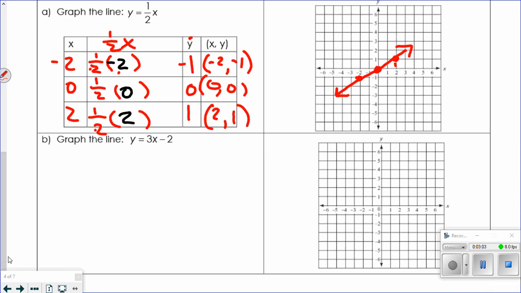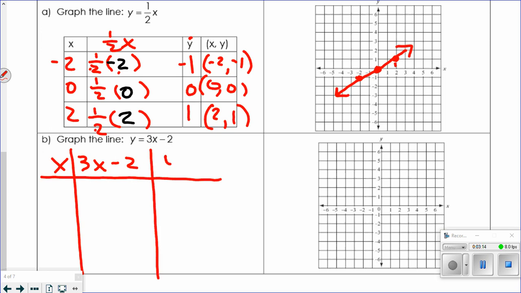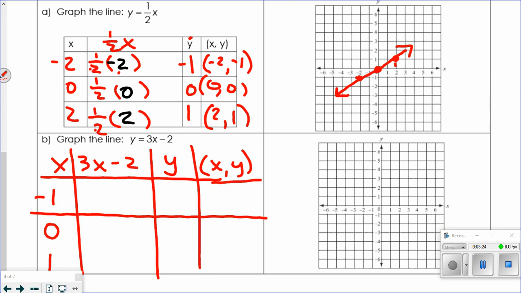All right, let's take a look at the next one. Graph the line y equals 3x minus 2. They don't give us a table, so we can make our own. Okay, and I'm going to use -1, 0, and 1 for this table. Make it even a little bit easier for myself.